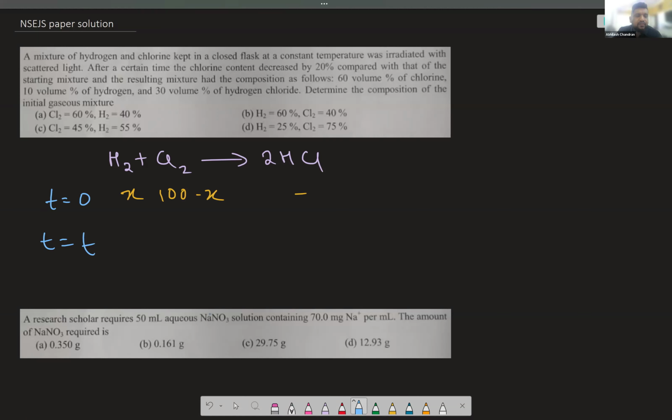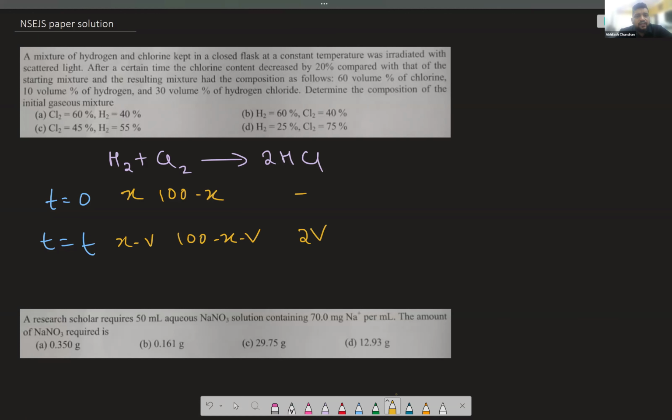So not specifically any particular time. So after some time t, let's say V volume reacted, right? So V volume of hydrogen reacts, then V volume of chlorine will react, because this is a 1:1 mole ratio reaction, right? And 1 mole is giving me 2 moles of HCl. So hydrogen becomes x minus V, chlorine becomes 100 minus x minus V, and HCl becomes 2V, right?